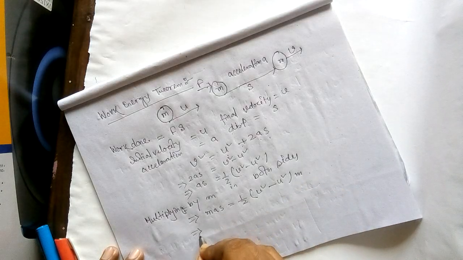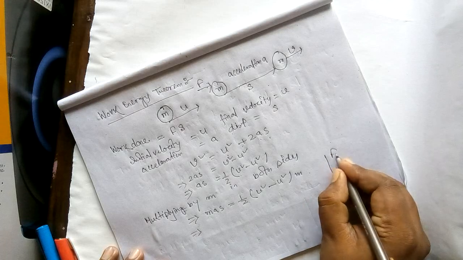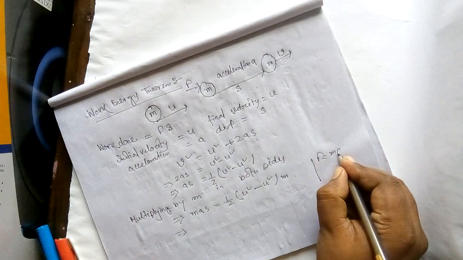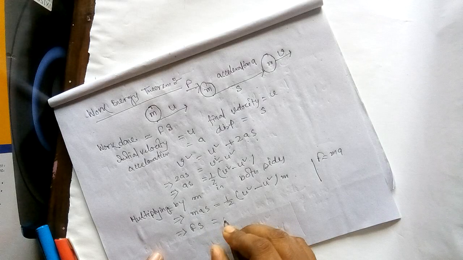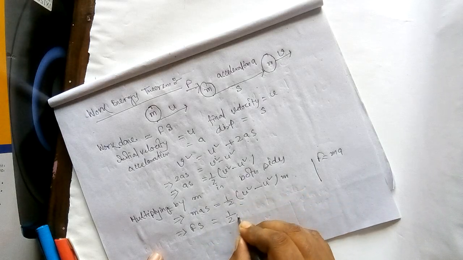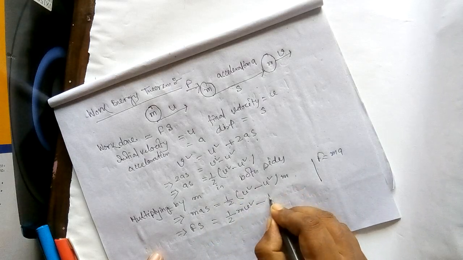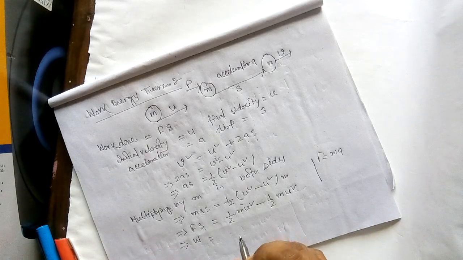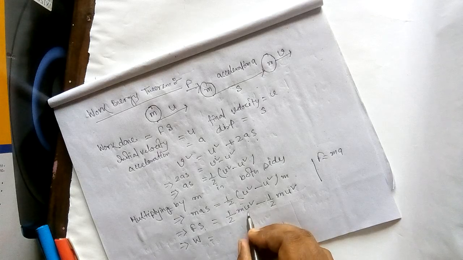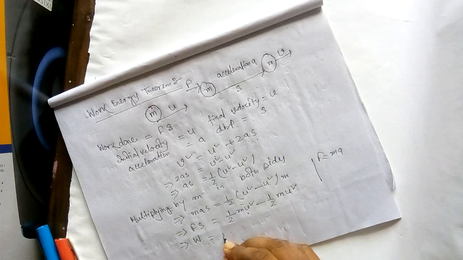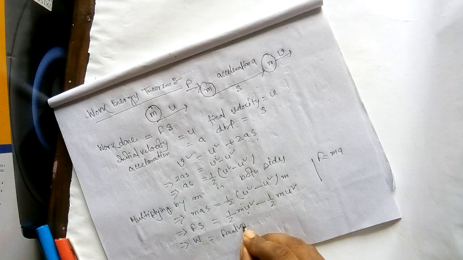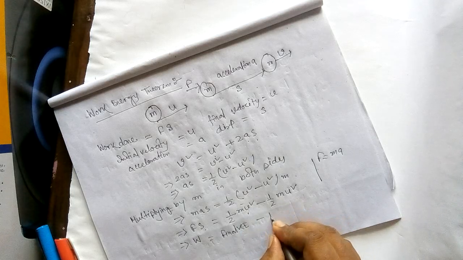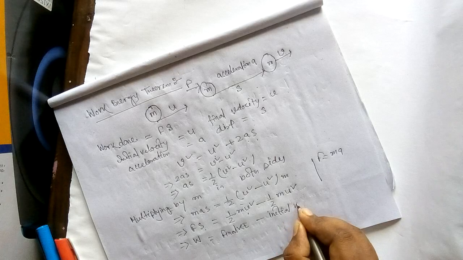M into a, we all know that F equals m into a. So it is F into s, and if I multiply this out, it will come half m v square minus half m u square. Fs equals work done, W, and half mv square, you see, v is the final velocity, so it is the final kinetic energy, and half mu square is the initial kinetic energy.